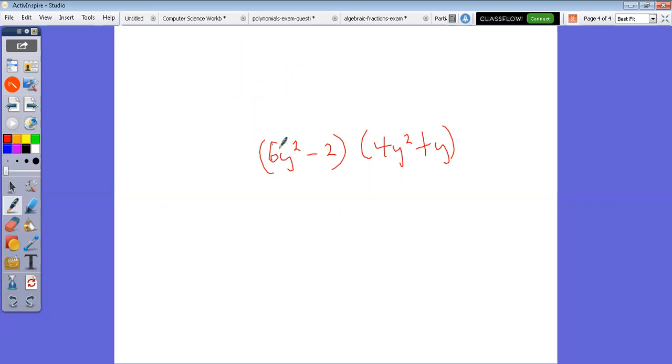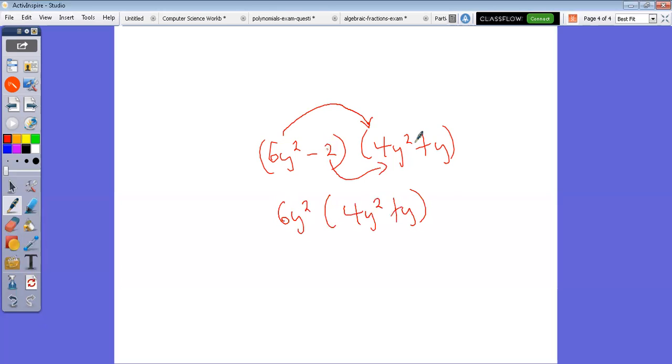So just to explain, I think I also sent you the video when we started: in primary, you collapse one of the brackets. It means, for example, 6y squared multiplies that, and -2 also multiplies that. So 6y squared brackets, multiplying this whole term, which is 4y squared plus y.